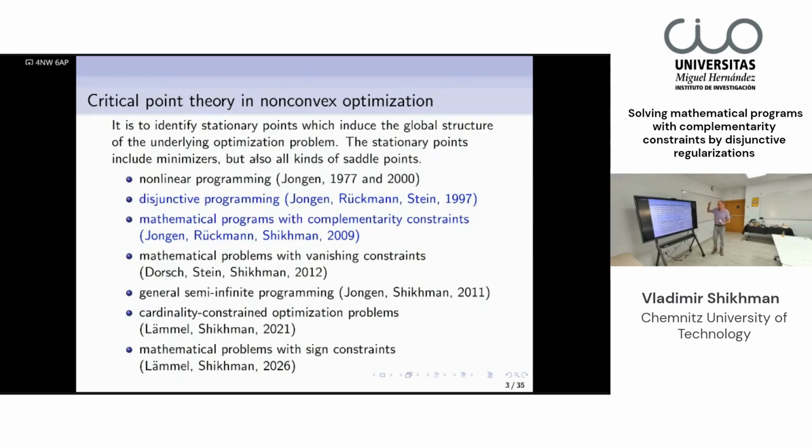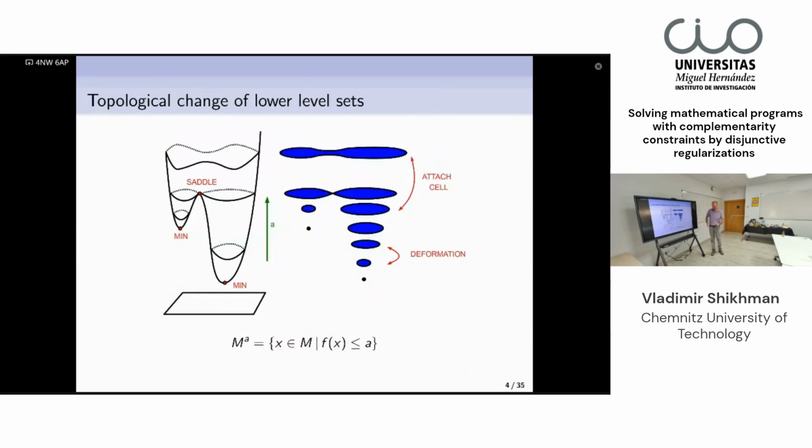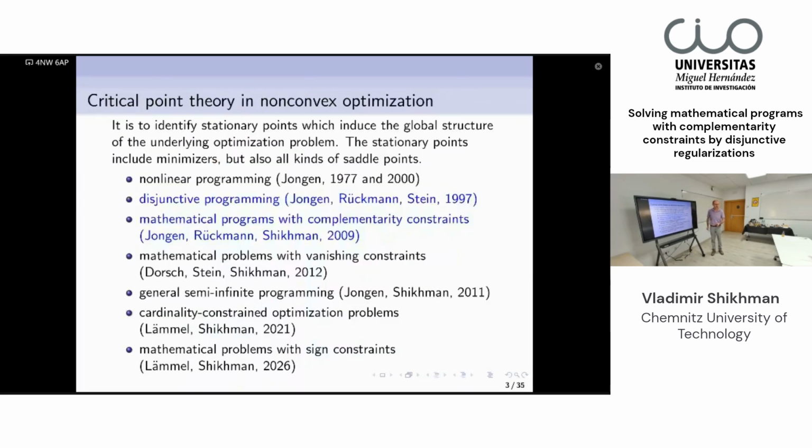That was pioneered by Bert Jongen in nonlinear programming, then in the 97 paper on disjunctive programming, where Jan also did the critical point theory.